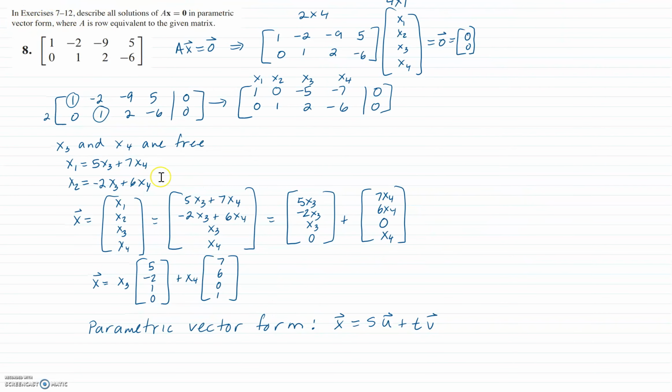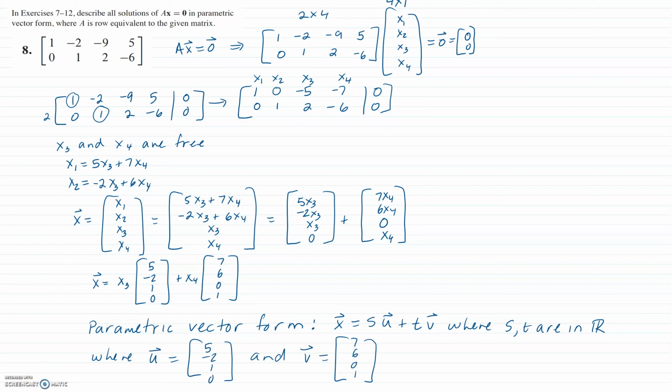So the parametric vector form can be now written as x equals some s, some real number, times the vector u, plus some real number t times the vector v, where s and t are in the reals. And u is our first vector here, and v is our second, which by the definition of spanning is equal to the span of u comma v. That is the solution set. Or you can say the span of this vector, comma, this vector, and these are vectors.